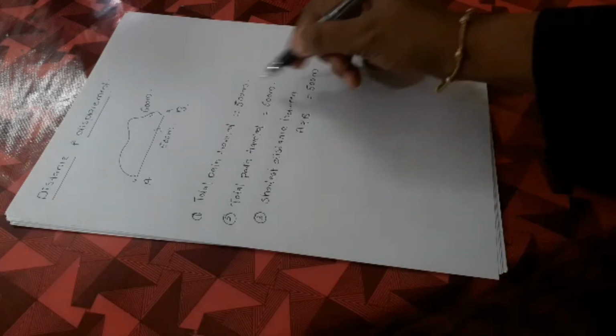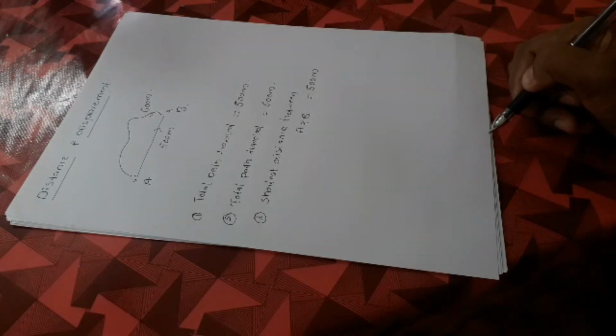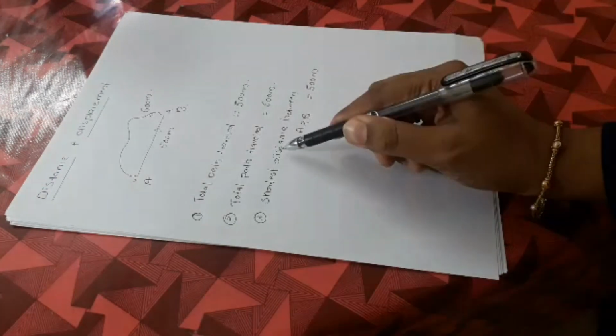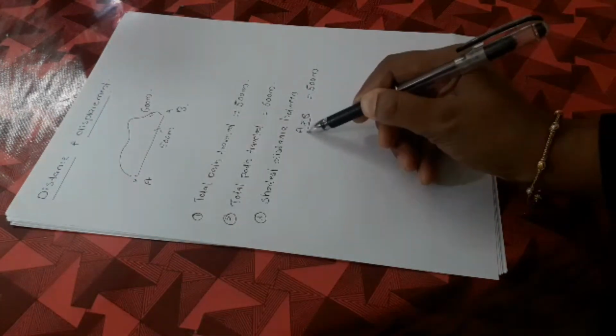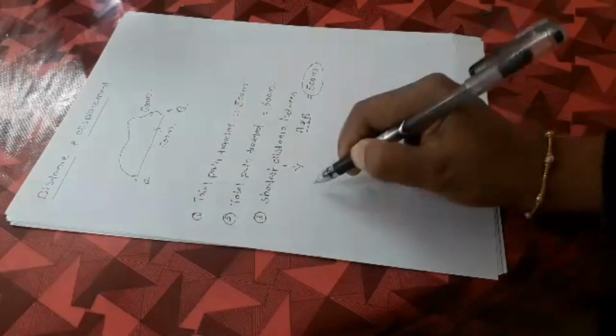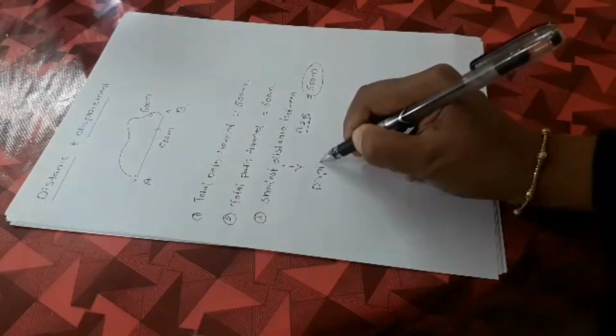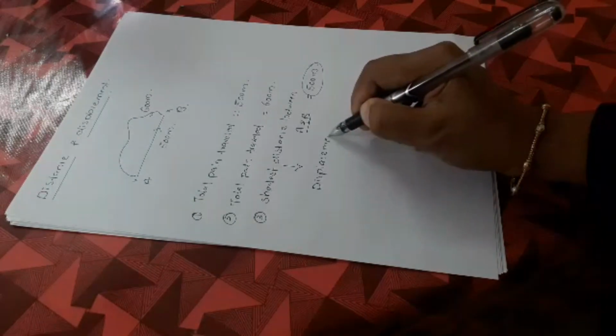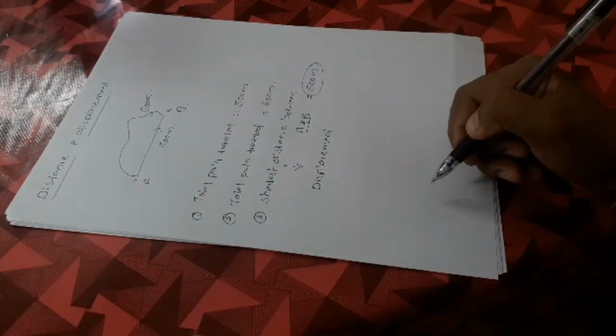So here which one is distance and which one is displacement? Here the shortest distance between the 2 points, that is 500 meters, we are calling displacement. Is it clear?